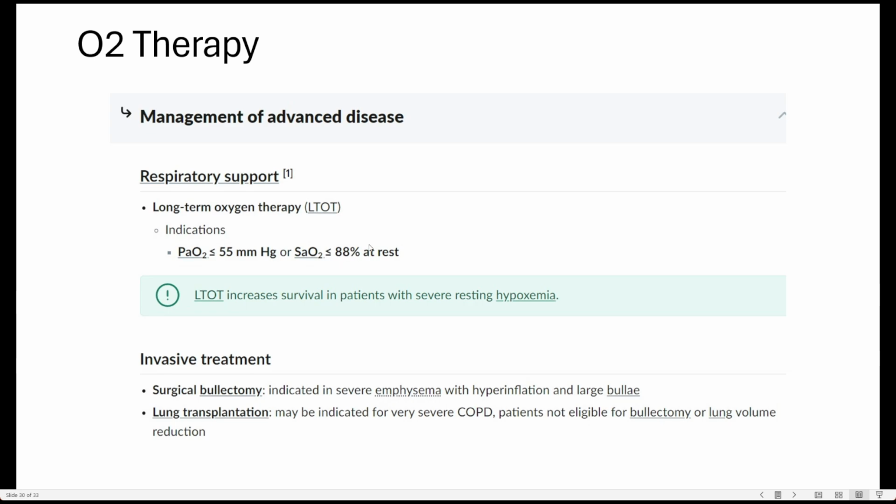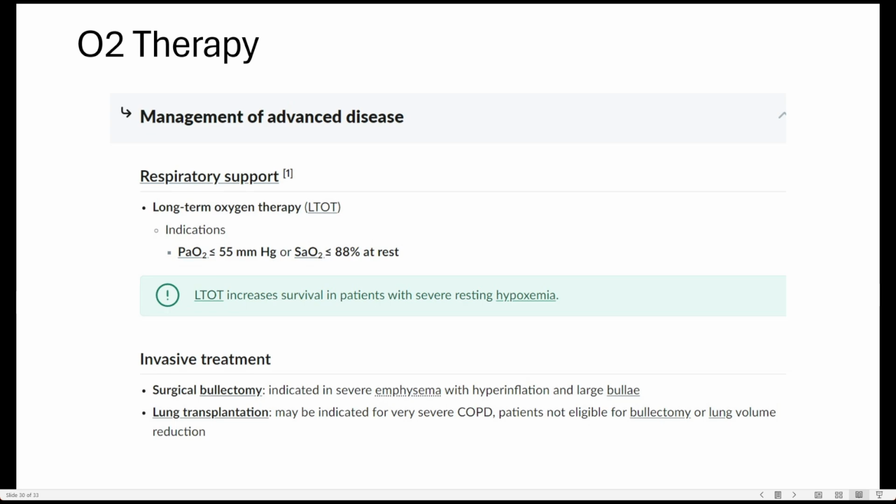So we will give him oxygen if he is hypoxemic, if the partial pressure is less than 55 or the oxygen saturation is less than 88%. And they found that oxygen therapy increases the survival in patients with COPD.